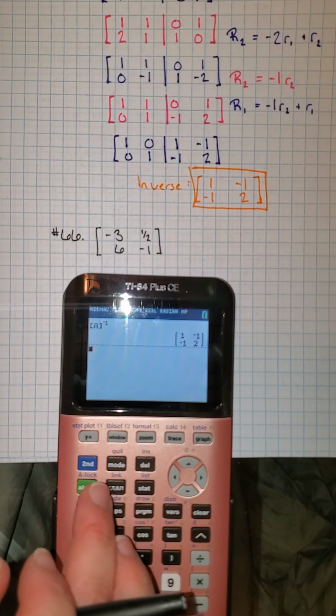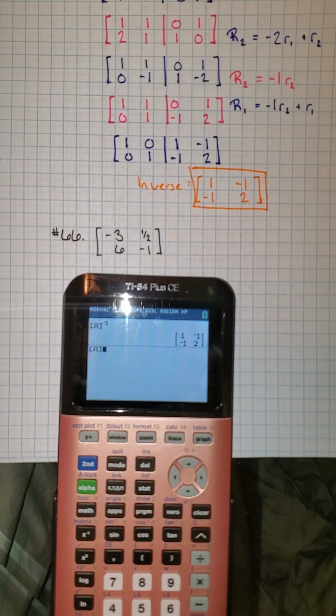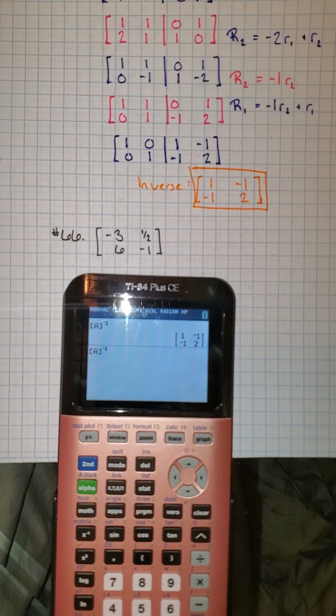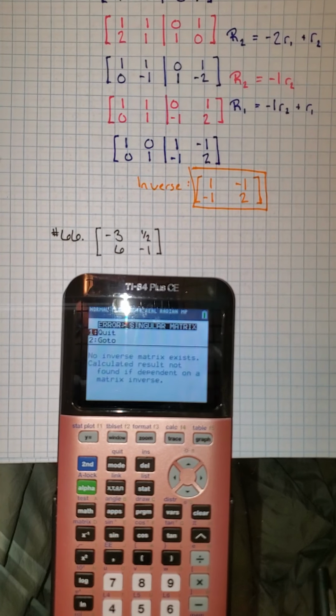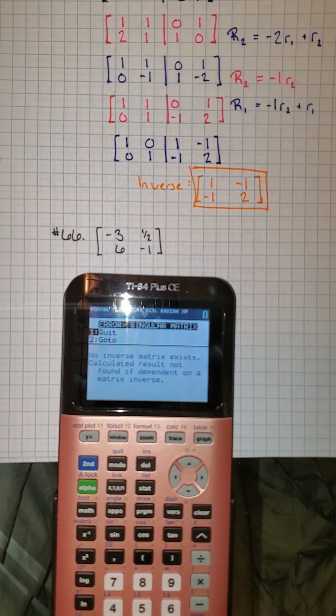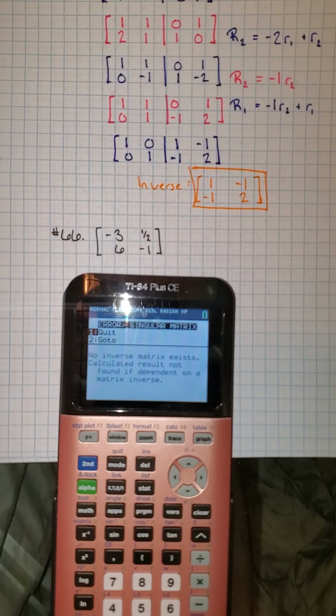And if I go to find the inverse of that one, so I go to second matrix, put that one in, and then put -1. It tells you, oh, this one actually tells you it's a singular matrix. They won't all do that, but there's no inverse. It's a singular matrix.